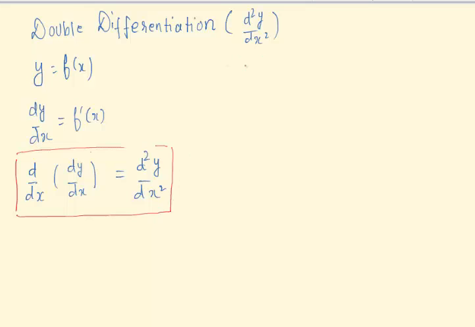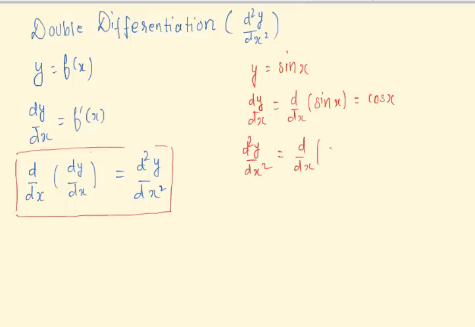For example, if we have y equal to sin x, then the first derivative of y with respect to x will be d by dx of sin x, which is basically cos x. Then the double derivative of y with respect to x will mean d by dx of dy by dx, and you can see here this dy by dx is nothing but cos x.